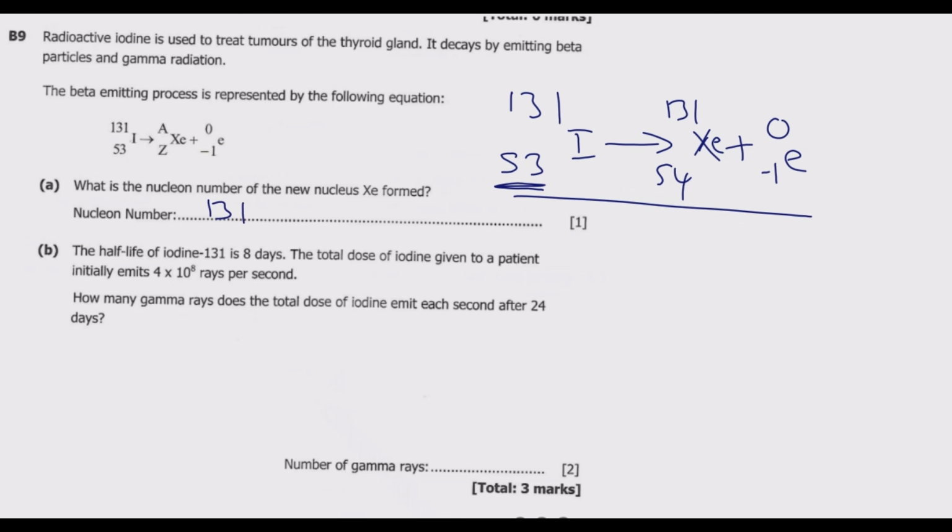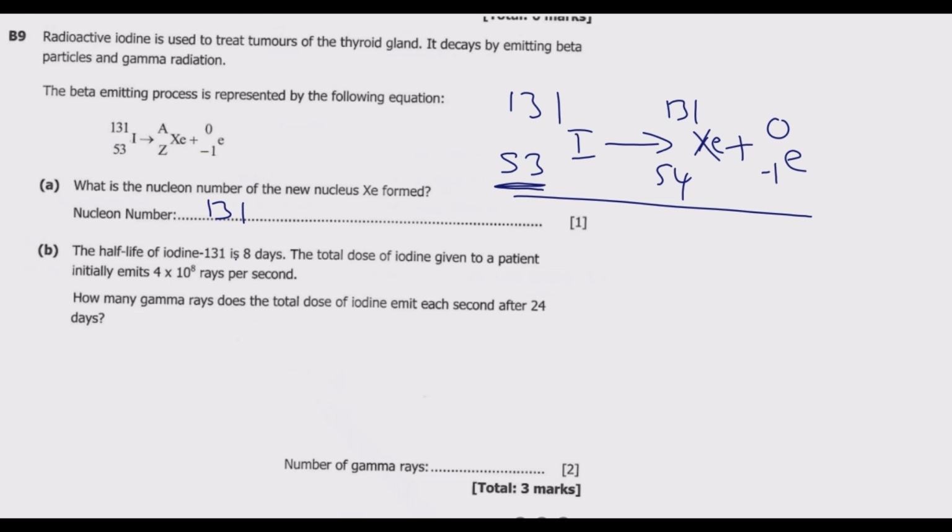Question B, the half-life of iodine 131 is 80 days. The total dose of iodine given to a patient initially emits 4 multiplied by 10 to the power 8 rays per second. How many gamma rays does the total dose of iodine emit each second after 24 days?